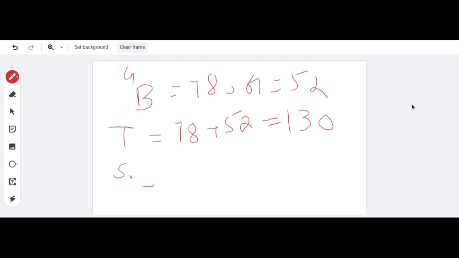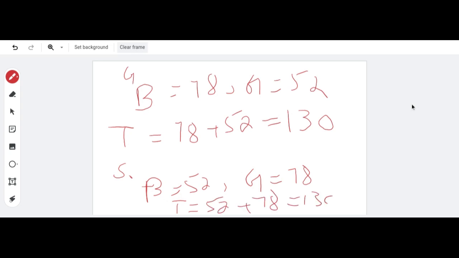Here the boys are 52, girls are 78. So total is equal to 52 plus 78. Answer will be the same, 130. So both schools had the same number of participants, 130 students in each.